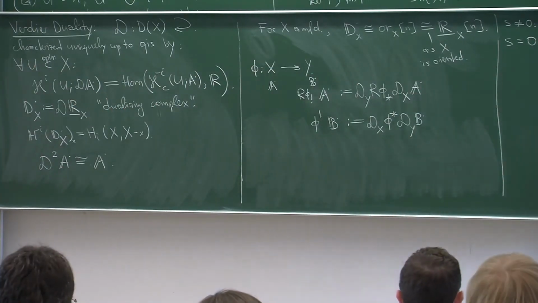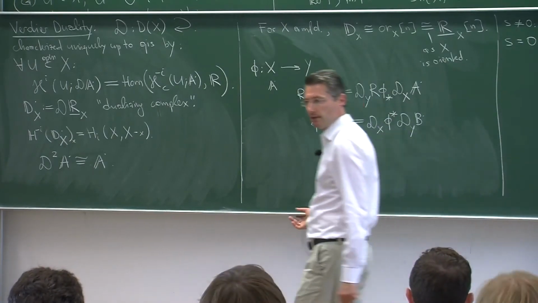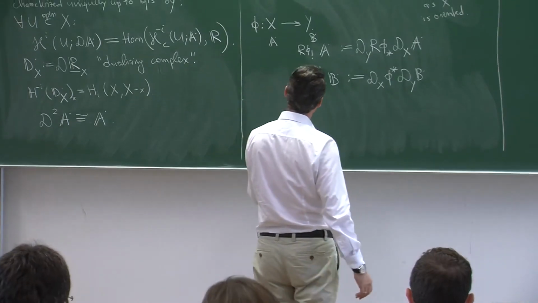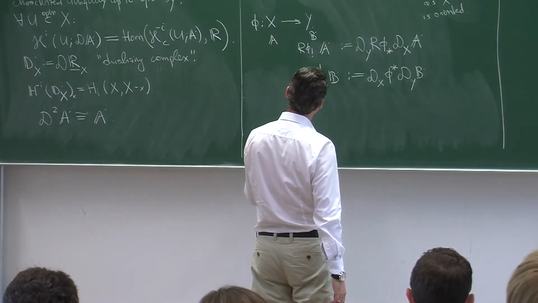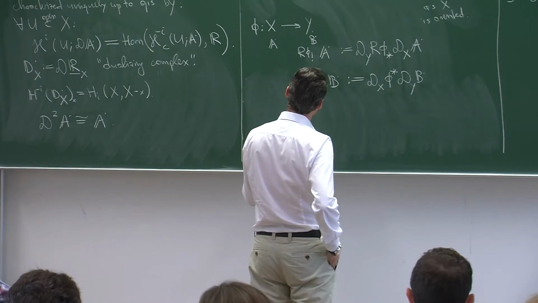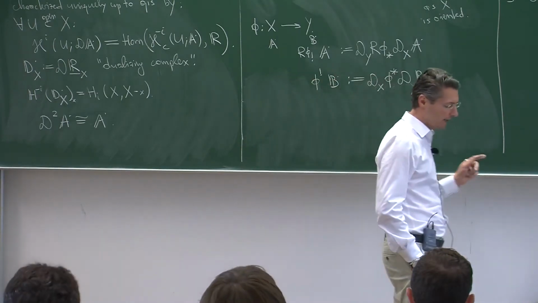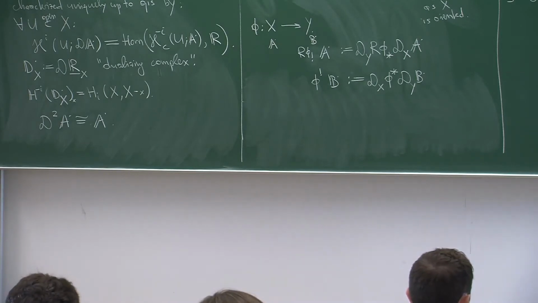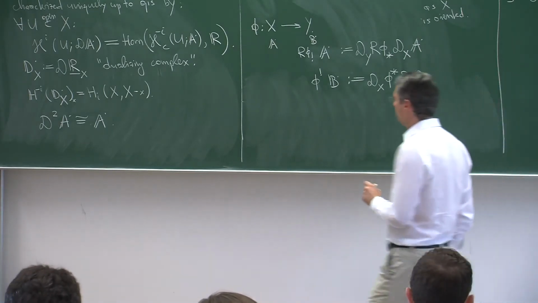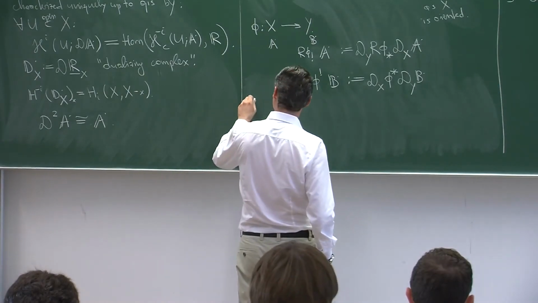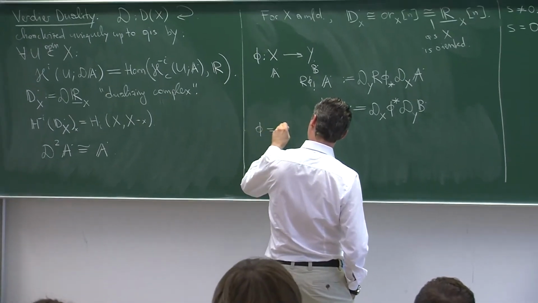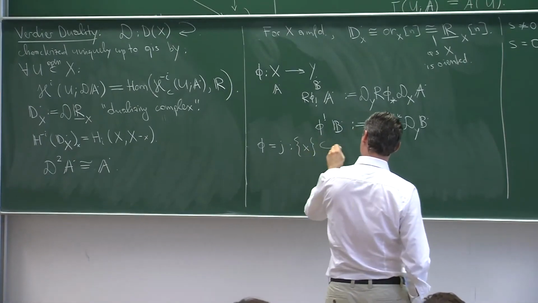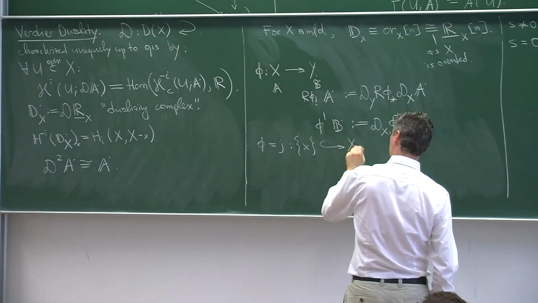So this is somewhat hard to understand, what's really going on here. So let me give you another formula. How do you compute the stalks? We need these functors only in a very special case. Mostly we need to use those in the case where phi is J, the inclusion of a point in a space.